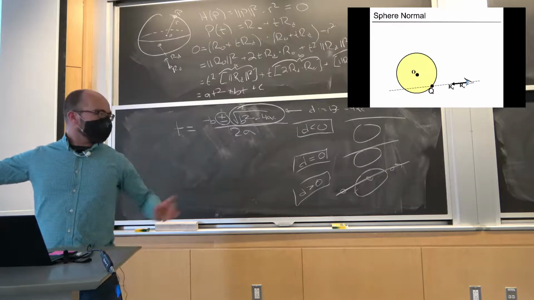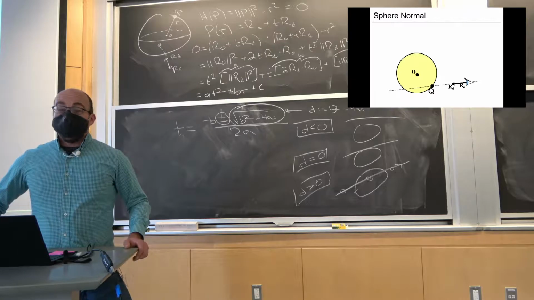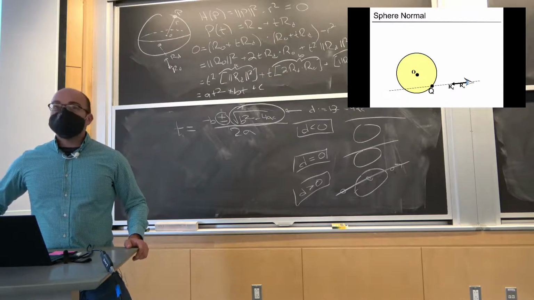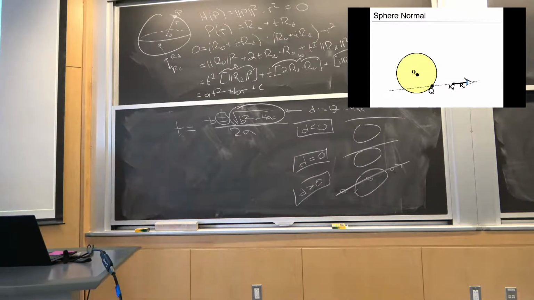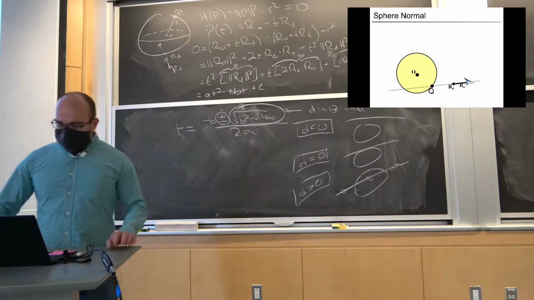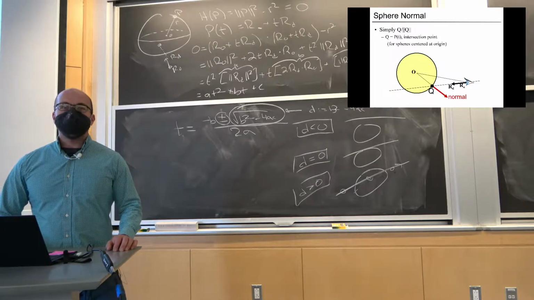That's fair game because I just told you how to compute it. I also have the center of the sphere. So what should I do? The difference of those two, right? If I have q minus o, that's a vector that points out of the sphere, and that's exactly the normal vector. You might want to divide it by its norm, of course, if you want the unit normal. I think it's pretty typical.